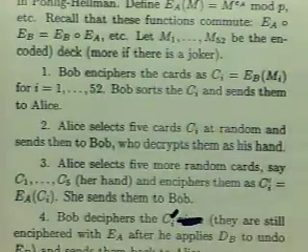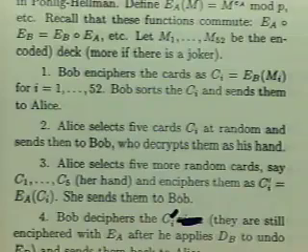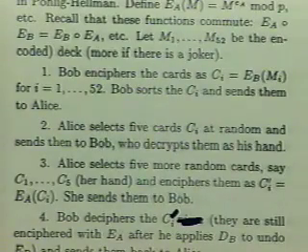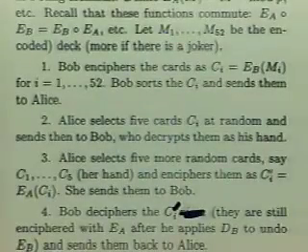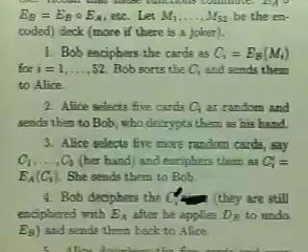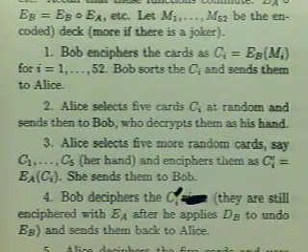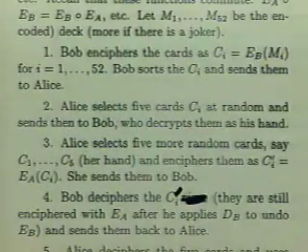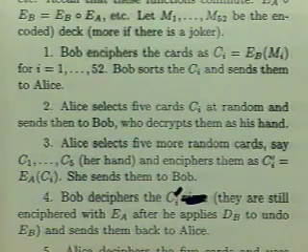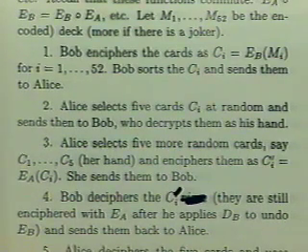Bob then sorts them in numerical order. This is a nice way of shuffling the deck. Just sort the ciphertext, and send the shuffled deck to Alice. Alice, if she likes, can shuffle the ciphertext more.